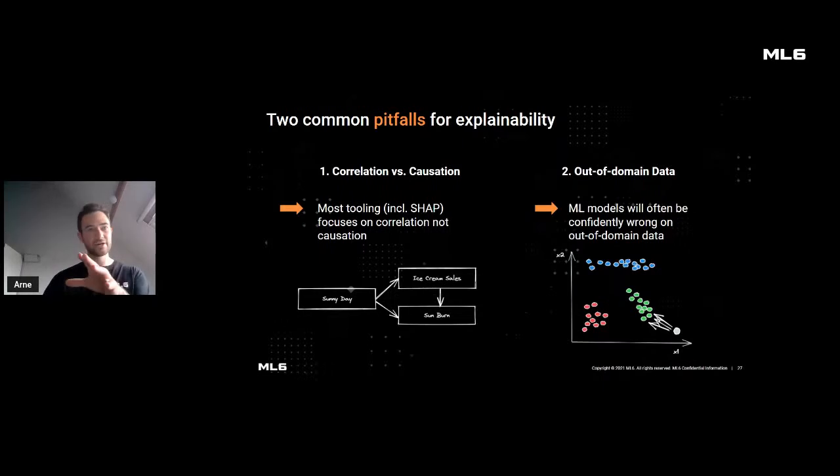So again here, the same example, we have a white dot that we need to classify, and we see that it's not really close to the green data points. It could be that it's a green data point, but it's probably more likely that it's a separate class. So out of domain class that was not in your training data set, that will now be very confidently classified as green because all of its closest neighbors are green data points. So again, something to look out for.